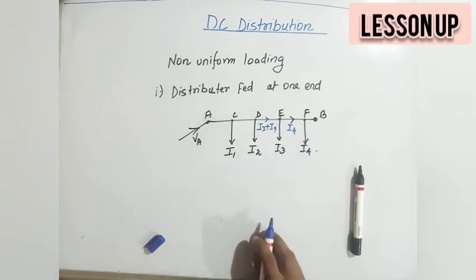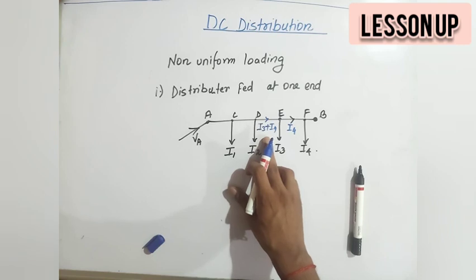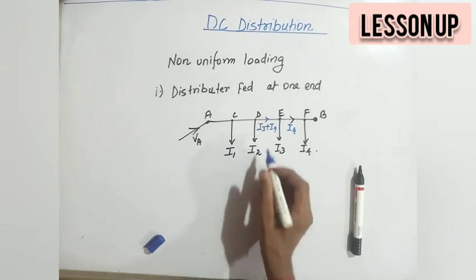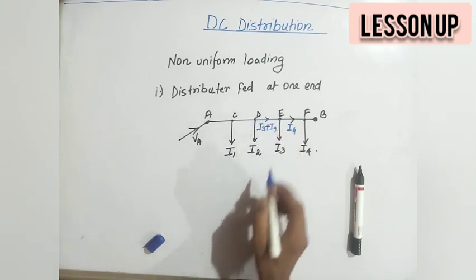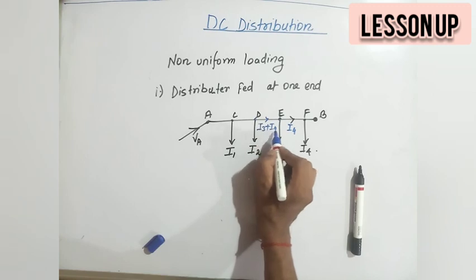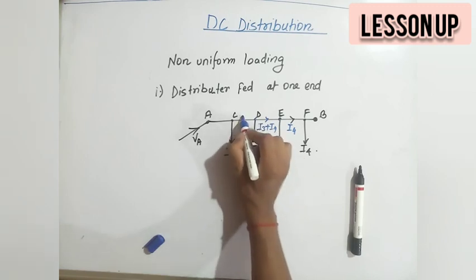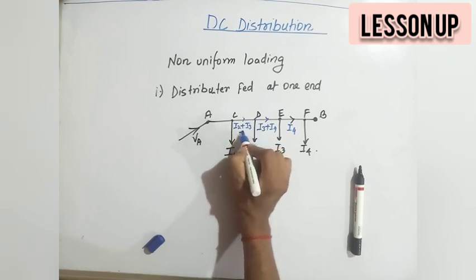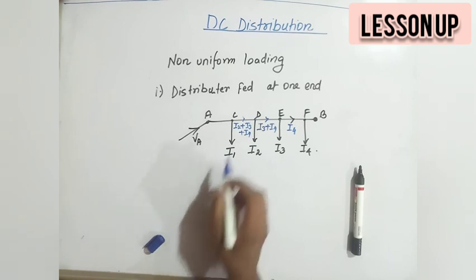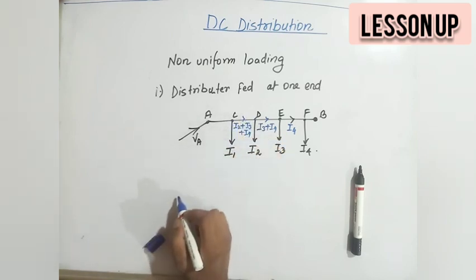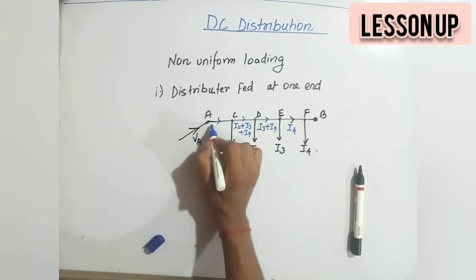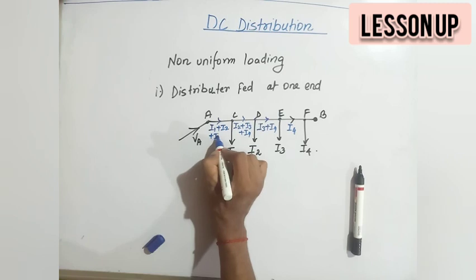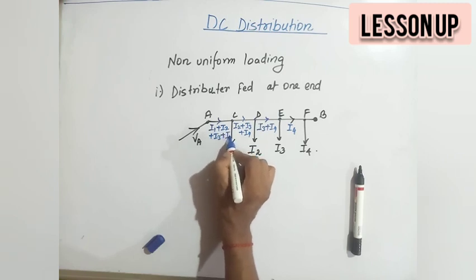According to KCL, the incoming current is the algebraic summation of outgoing current. At point D, the outgoing currents are I3 plus I4 and I2, so the incoming current will be I2 plus I3 plus I4. Similarly, at this section, the current will be I1 plus I2 plus I3 plus I4.